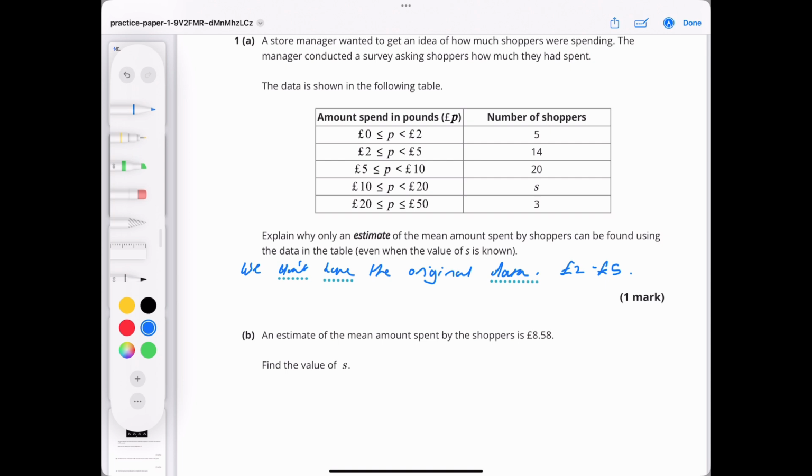So £2 and £5 could be at either end of the spectrum. And that's the same for all of those, and so we're just making assumptions about the whole thing.